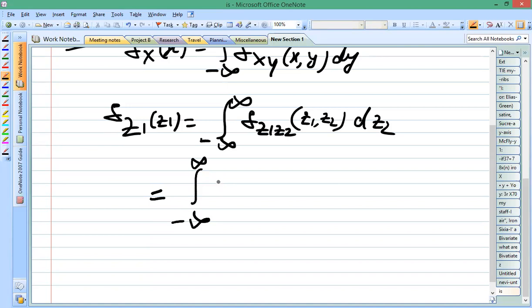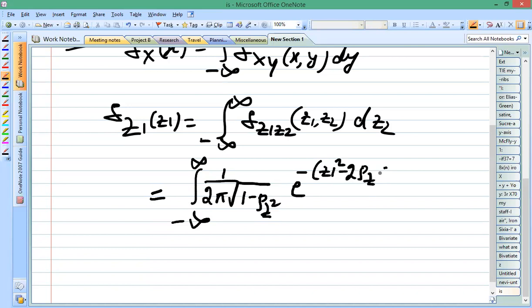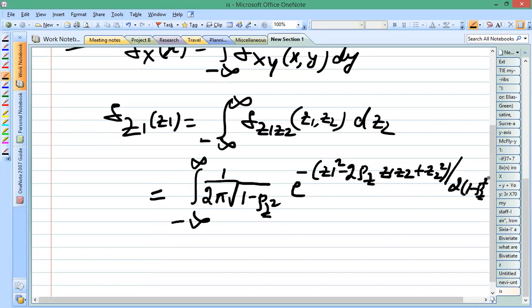From the definition it is given by 1 by 2 pi square root of 1 minus rho z square, exponential minus of z1 square minus 2 rho z z1 z2 plus z2 square, divided by, in the exponential itself, 2 into 1 minus rho z square.